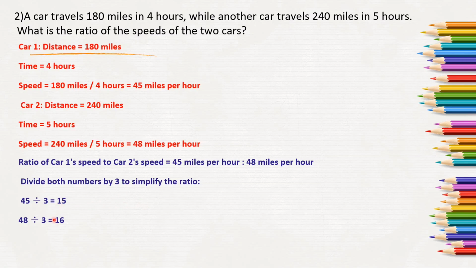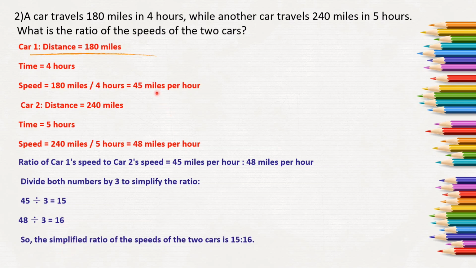Both are divisible by 3 and 3 is also the greatest common factor for both the numbers, that is 45 and 48. So 45 divided by 3 is 15 and 48 divided by 3 is 16. So the ratio of the speeds of two cars is 15 is to 16.